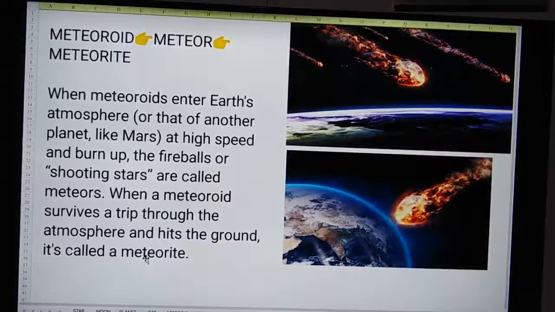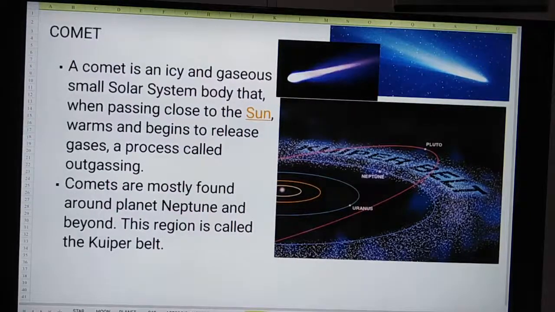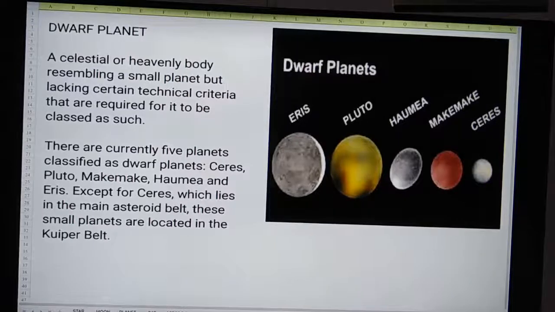But the traditional people also have their story of that. They don't believe in the scientists' story. So that is a meteorite. We have meteorites also creating holes at other places on planet Earth. Comet, we saw comet, icy bodies, and then we looked at the dwarf planet.